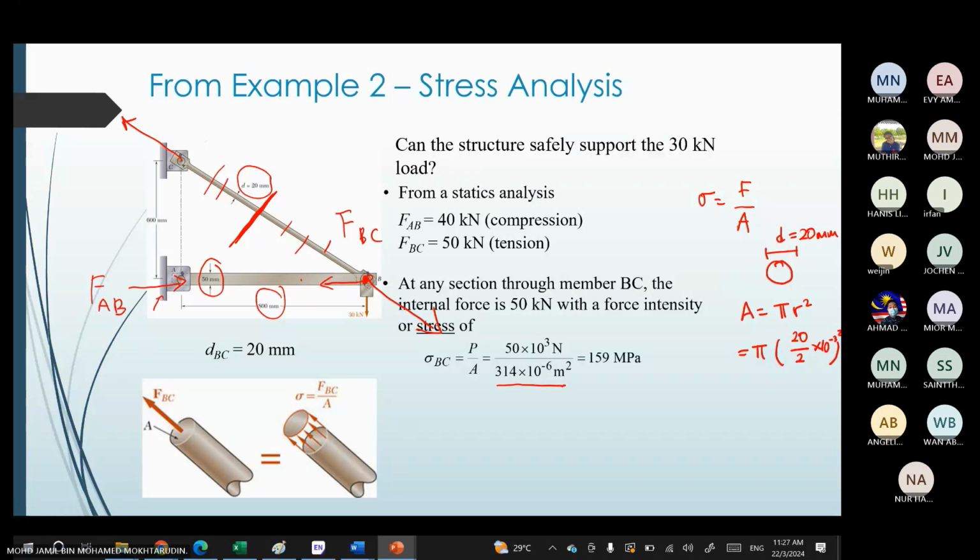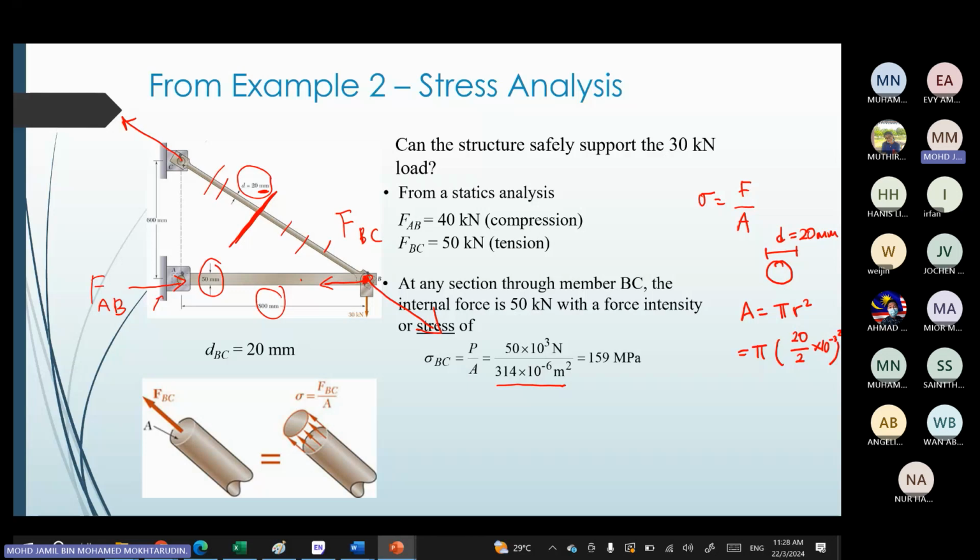Okay. So you calculate the area. So you get pi times 20 divided by 2 times 10 power of minus 3 squared. For me, if you want to calculate the area, when you find the unit in millimeter, it is best to convert it into meter first. Always convert it into meter, then you square the value.